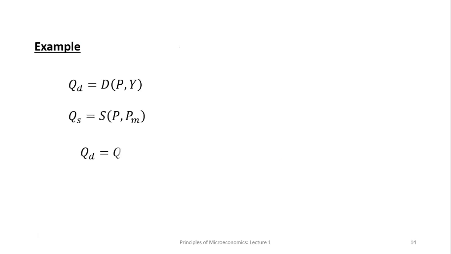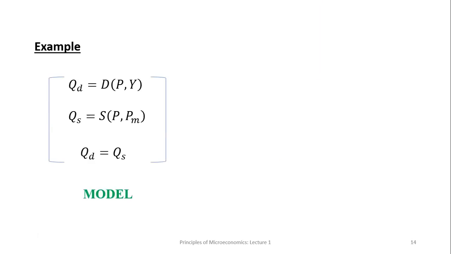Now, this is a slightly more complex example of all these things. Quantity demanded depends upon the price and income, and the quantity supplied depends upon the price of that commodity and the price of related commodities. And we know that quantity demanded equals quantity supplied. This is the complete model. This model explains how the prices and quantities are determined.